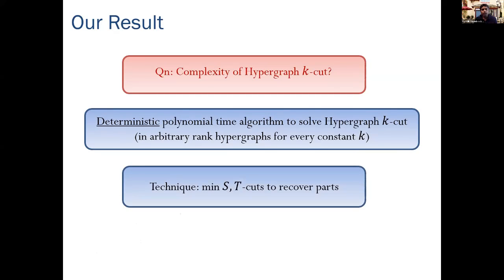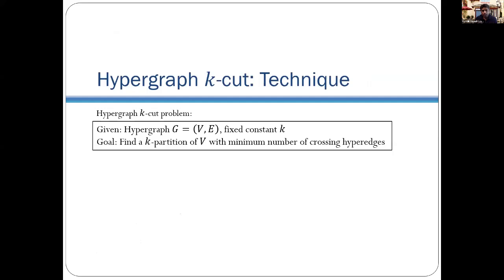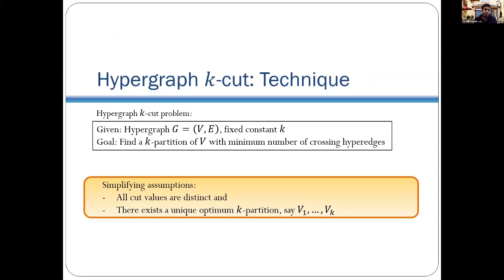And the main technique underlying our deterministic algorithm is to use min ST cuts to recover the parts of an optimum k partition. To tell you a bit more about this technique, I will make 2 simplifying assumptions on the input hypergraph. Firstly, I will assume that all cut values in the input hypergraph are distinct.